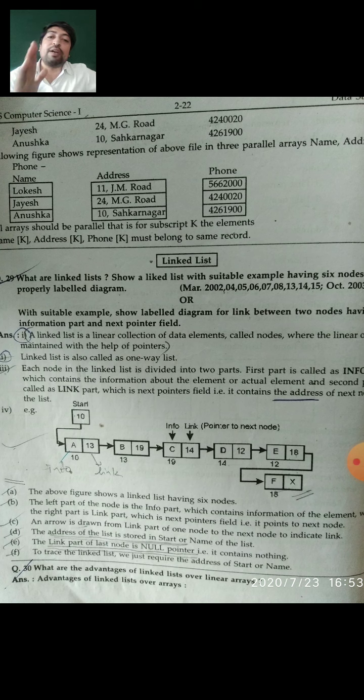In the different nodes, the info part contains the information like A, B, C, D, E and F. So for showing or containing the information, there is a different node, and each different node has a different address also.